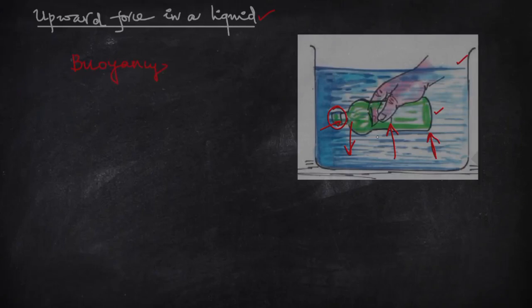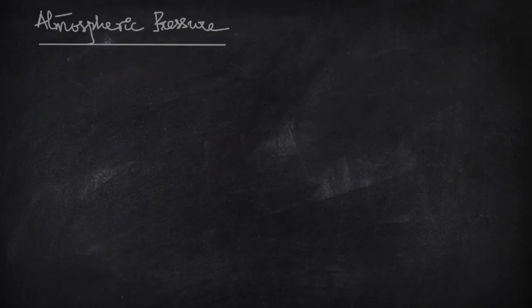And this force of buoyancy acting on unit area of surface of the object is called pressure. So pressure is equal to the upward force by area. Let us find out the formula for atmospheric pressure.